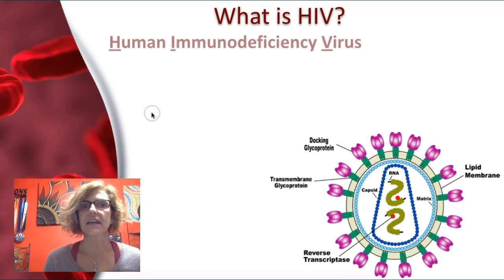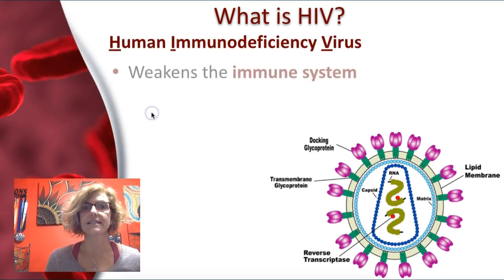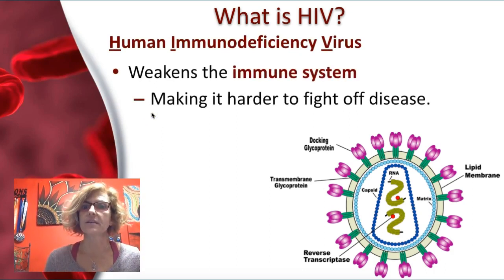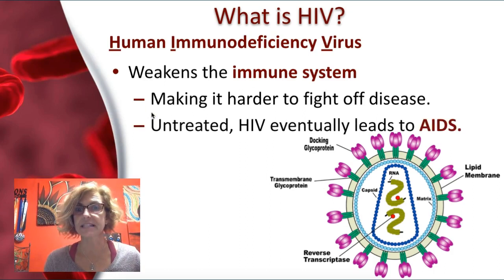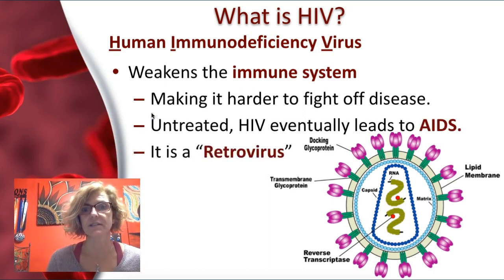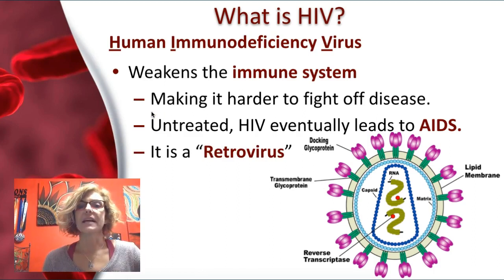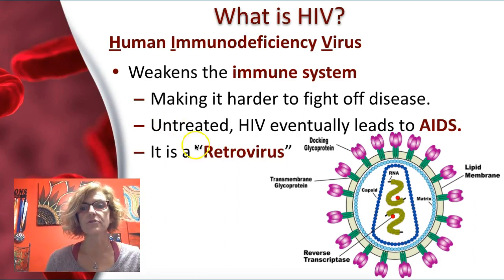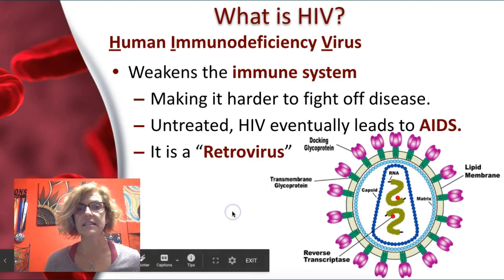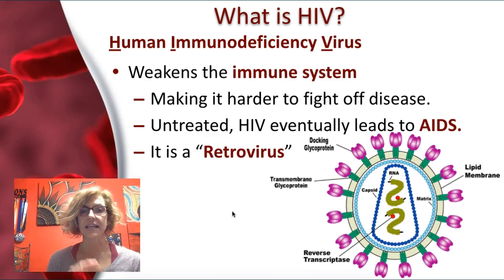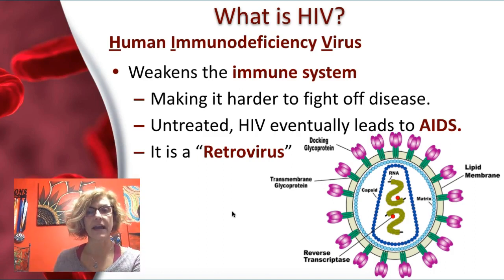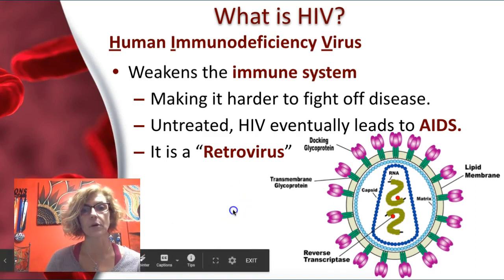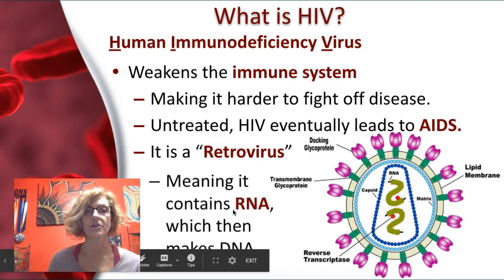So HIV is the virus that causes AIDS. It weakens the immune system by attacking the helper T cells, making it more difficult for your body to fight off future infections. HIV is a retrovirus. Retroviruses are RNA viruses, and if you know about DNA and genes, you know that we take DNA, and from that we make RNA, and from that we make proteins, and proteins are traits.